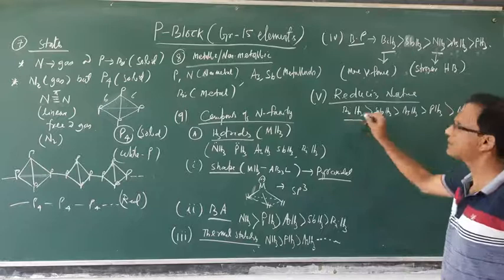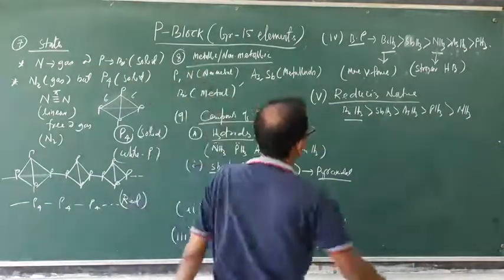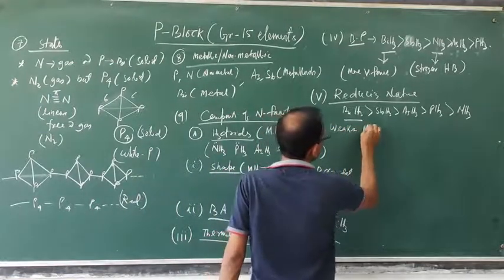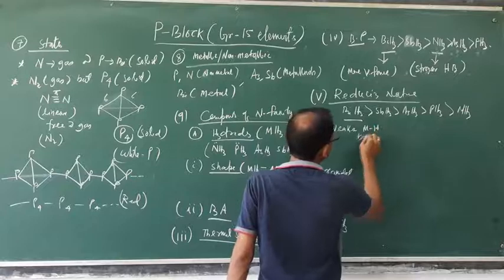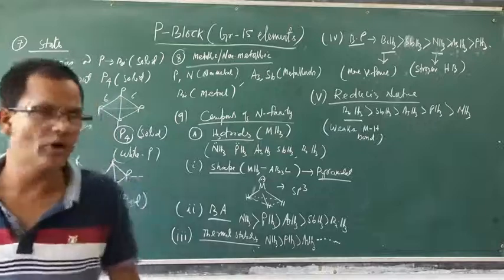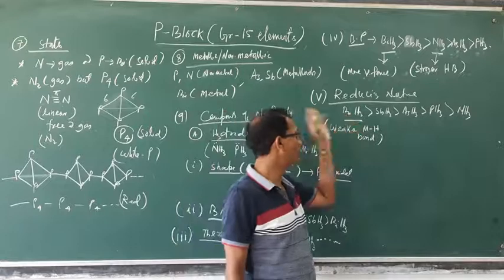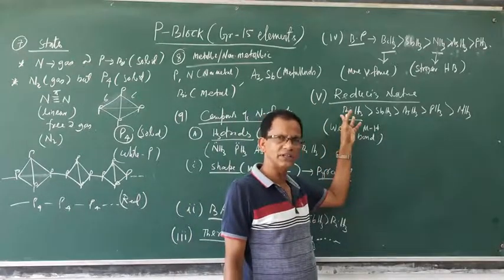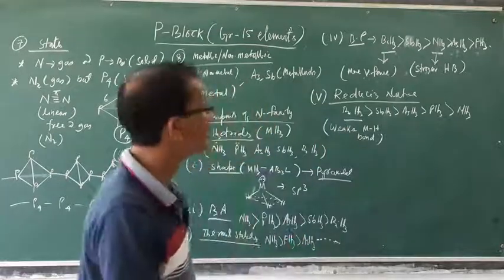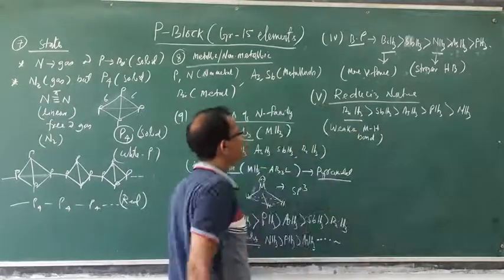Why is bismuth hydride a greater reducing agent? Because of the weaker M-H bond. When the M-H bond is weaker, reducing character will be more. Or you can remember, the larger the size of the central atom, the greater the reducing character, comparing the M-H bond. So that's why it is a better reducing agent.